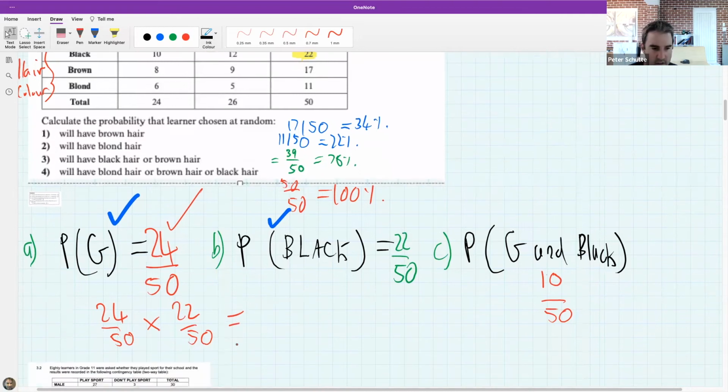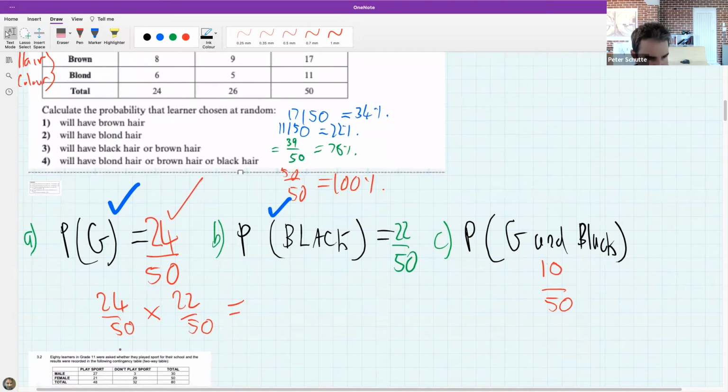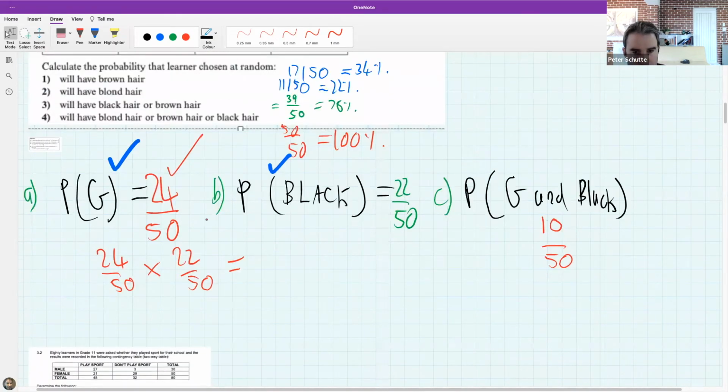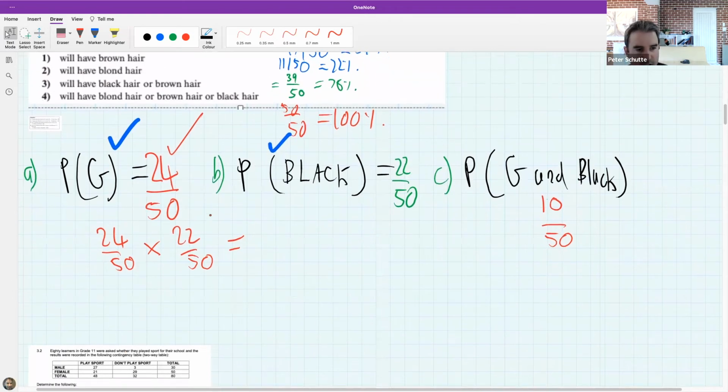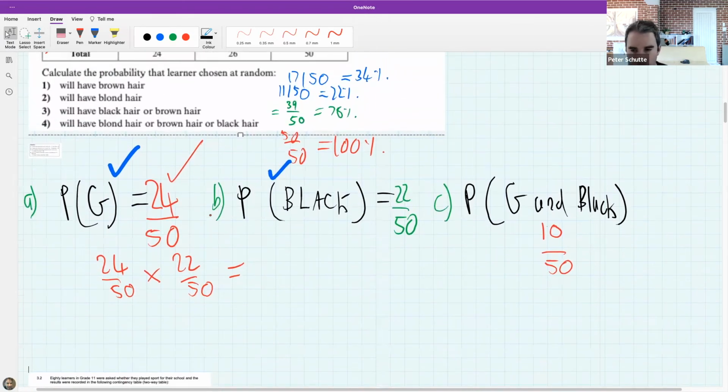And what do you get? Let's look. So this is the probability of A times the probability of B part, times by 22.